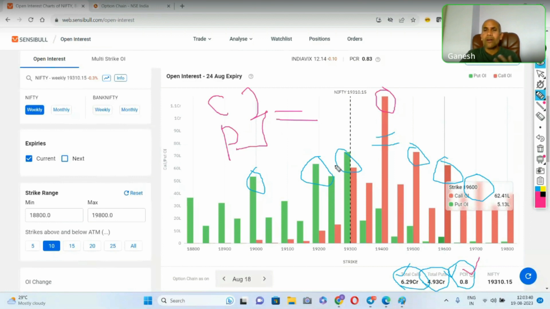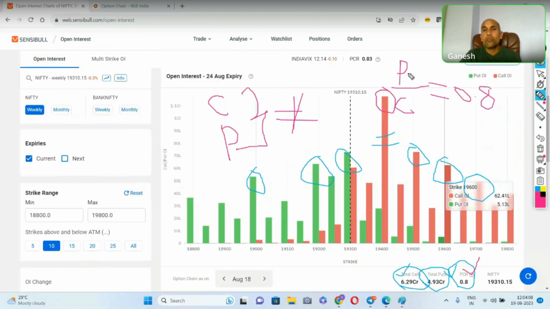What does it indicate? At least neutral to bearish. PCR means the number of puts divided by the number of calls. The value comes to 0.8, which means more calls sold than puts.